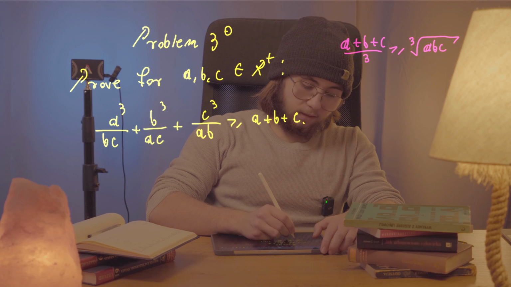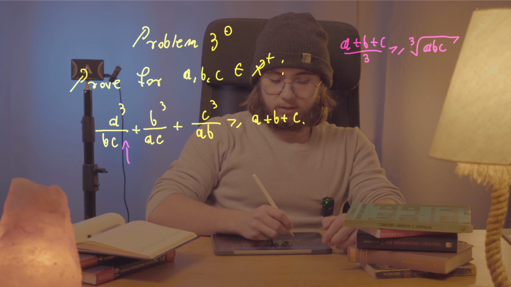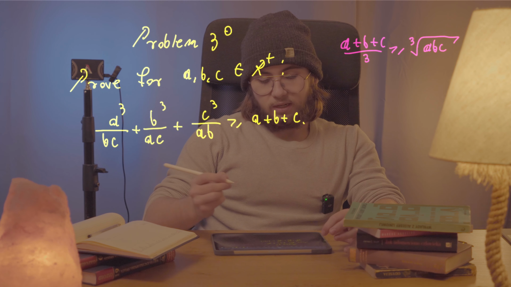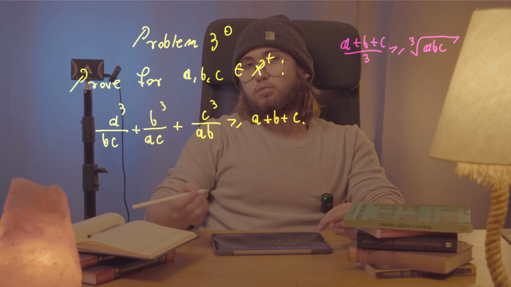Okay, that's lovely. How can I leverage that in this problem? When I see that here I have this b multiplied by c in the denominator, how can I get rid of this stuff?